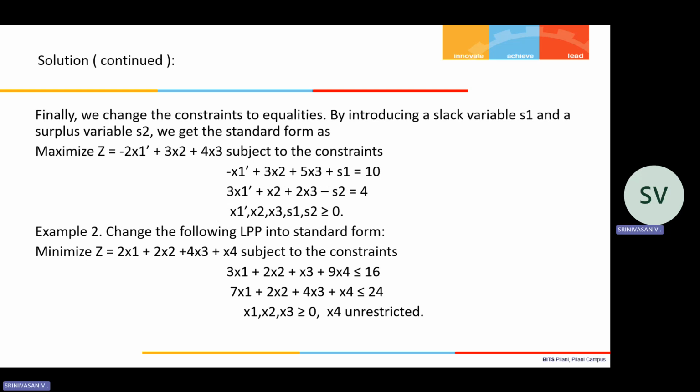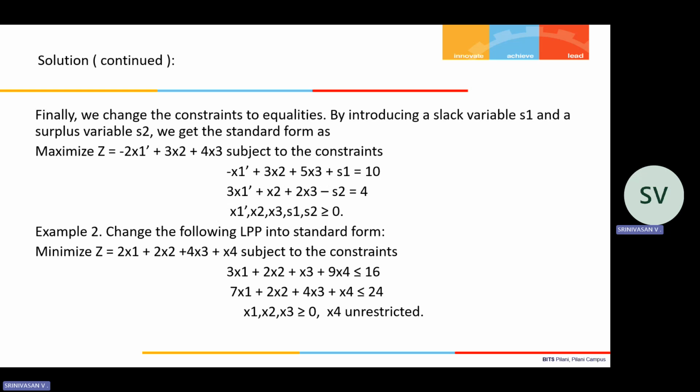So you have to create a new variable W that is equal to minus of your Z. So minimize Z is nothing but maximize W, where W is minus Z. When you take the negative of this minimize, that reflects maximization.